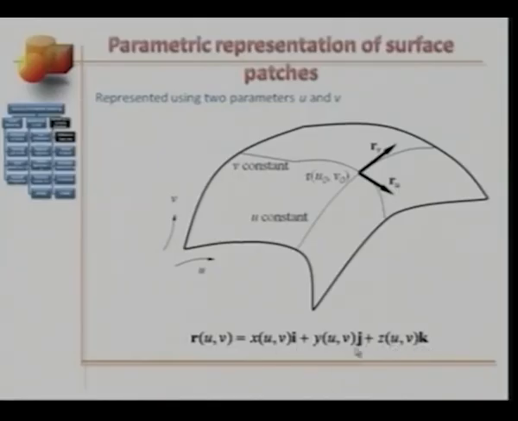These are unit vectors along three mutually orthogonal Cartesian directions. So this scalar field will represent the x coordinate of a point on the patch. This would represent the y coordinate, and this would represent the z coordinate on the patch.